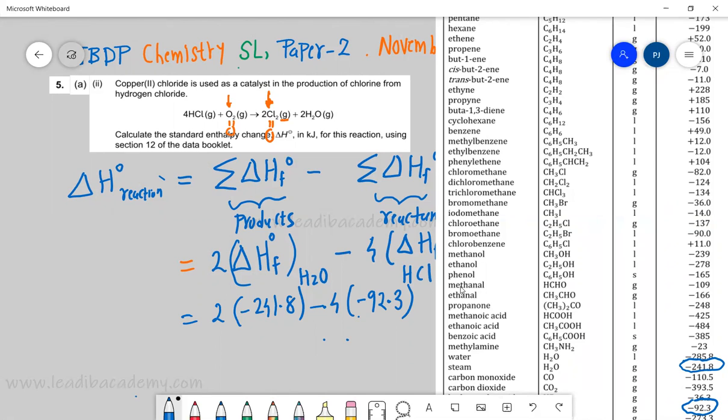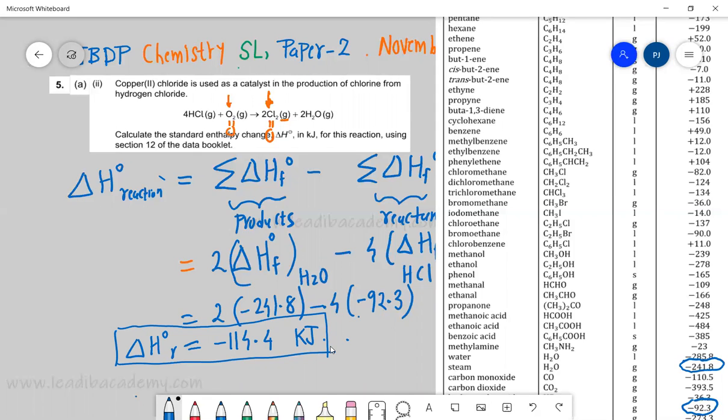Let's take out the calculator, and you should get, very, very simple, minus 114.4 kilojoules. This is going to be delta H naught R for this reaction. Extremely simple, just you can use it.